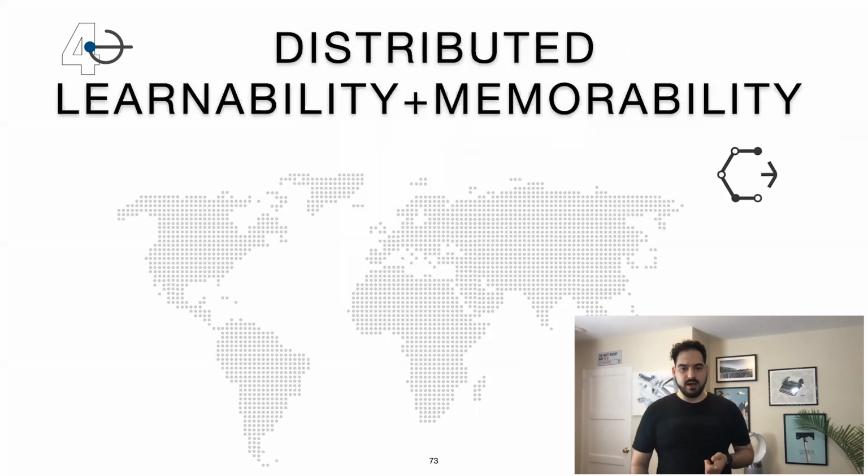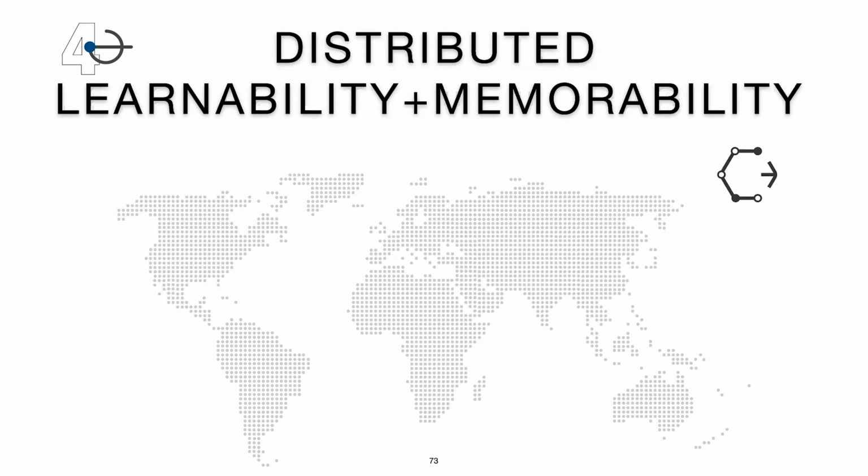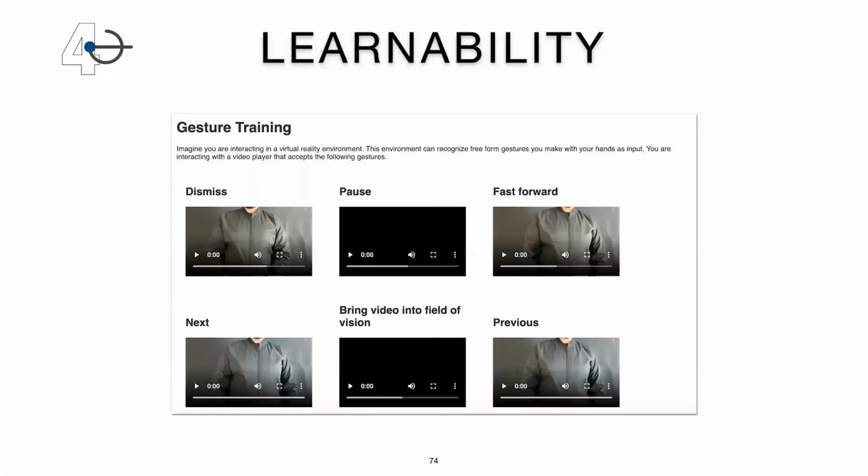The cool part of the study comes next, when I expanded the 4th step of DXD to include learnability and memorability in addition to identification studies. And to do that, I once again capitalized on CROWDLICIT to run what I call a distributed learnability and memorability study.